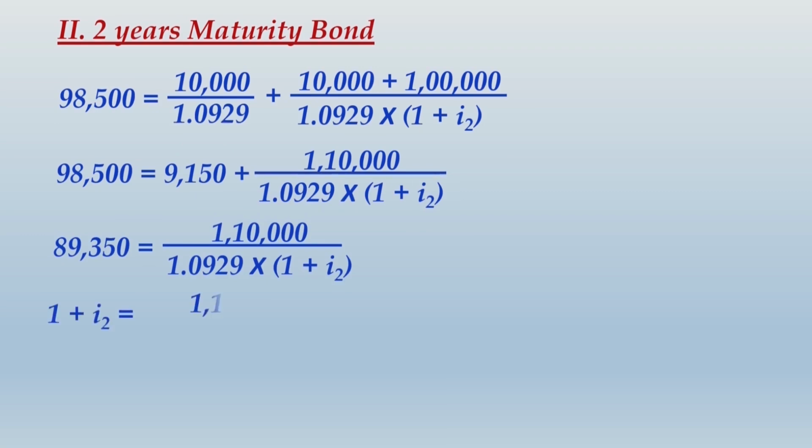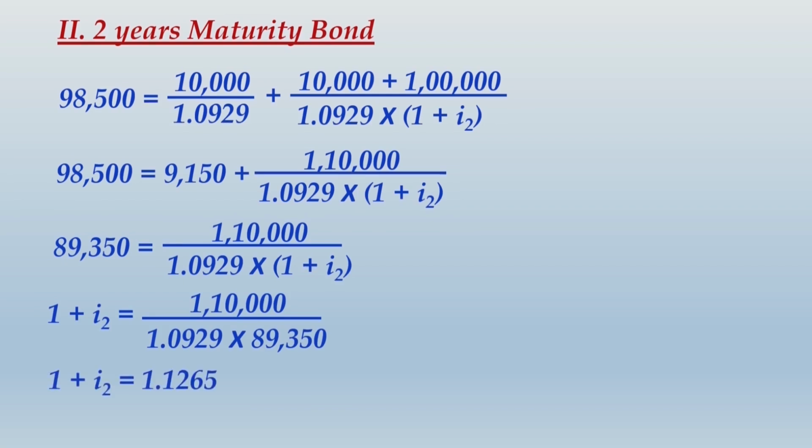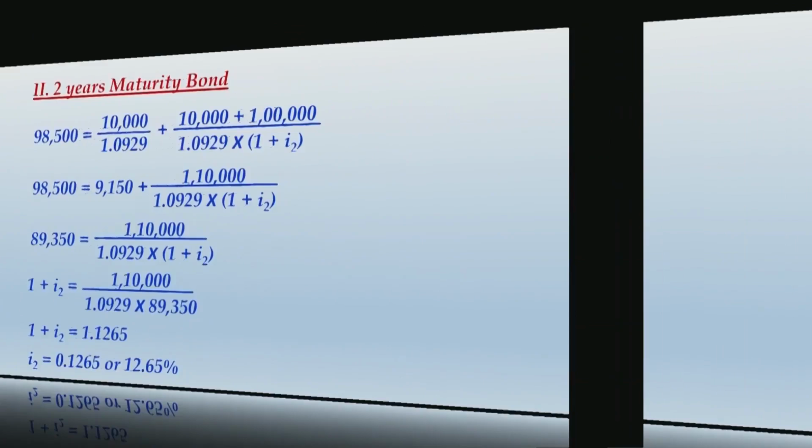Cross multiply and you get 1 plus I2 equals to 1,10,000 divided by 1.0929 into 89,350, and finally 1 plus I2 value is 1.1265. So I2 will be 0.1265 or 12.65%.